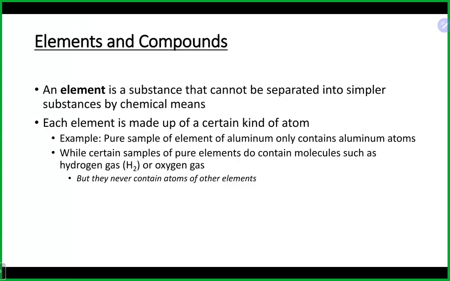Let's talk a little bit about elements and compounds. An element is basically a substance that cannot be separated back into any simpler substances by chemical means. If you look on the periodic table, obviously, those are all the elements we have. And you should think of elements as sort of as far back as you could go, right? It's kind of like the alphabet.